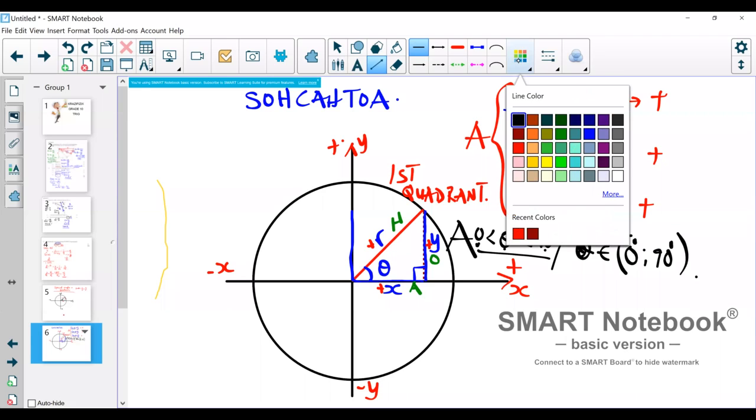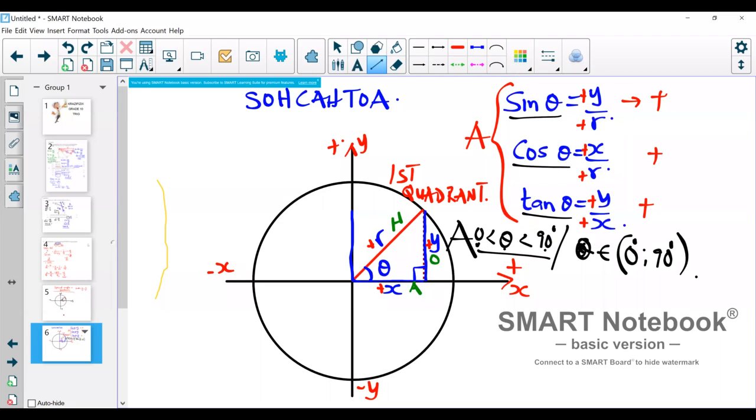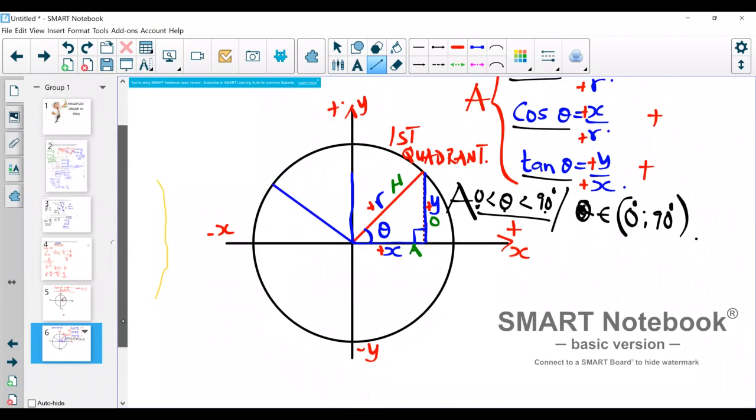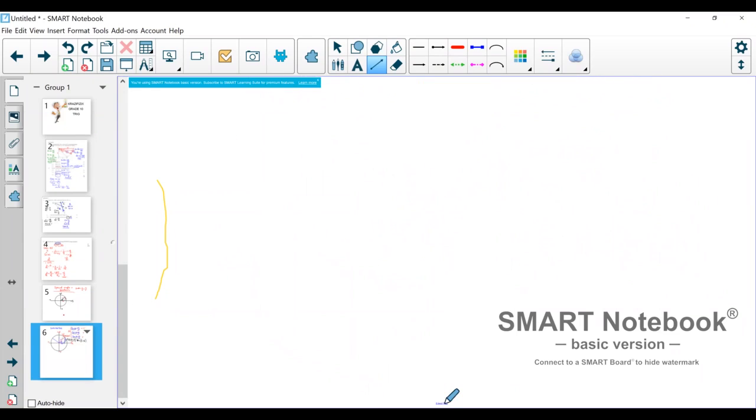I am moving into the second quadrant. Look at this. I am now using this angle. Please watch this. Or rather, let me create a different one so you don't get confused.